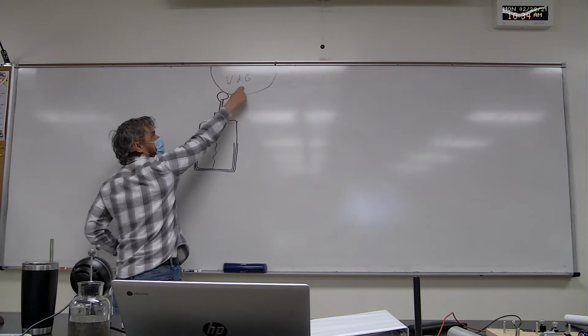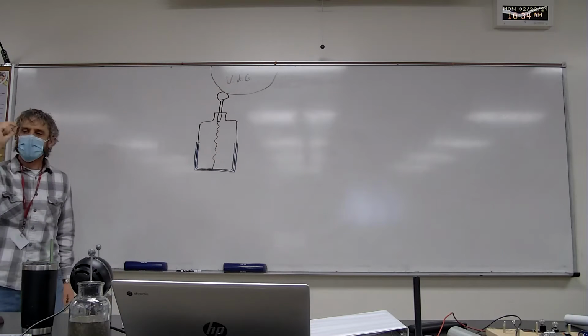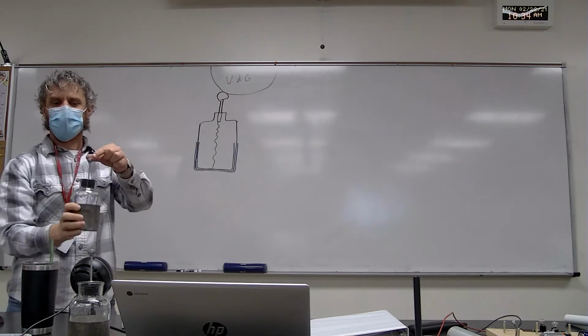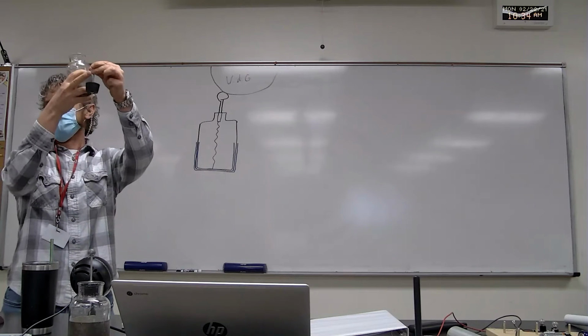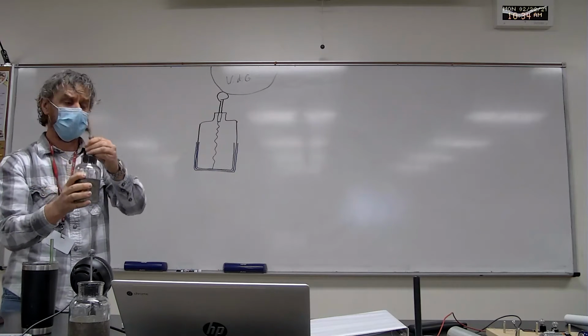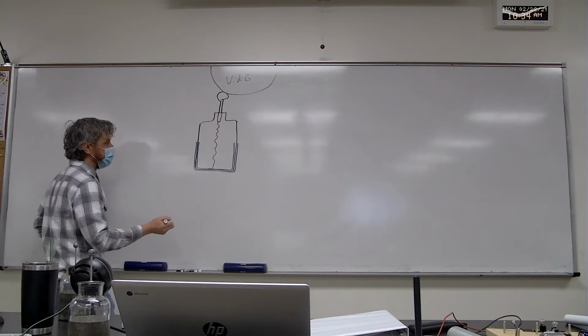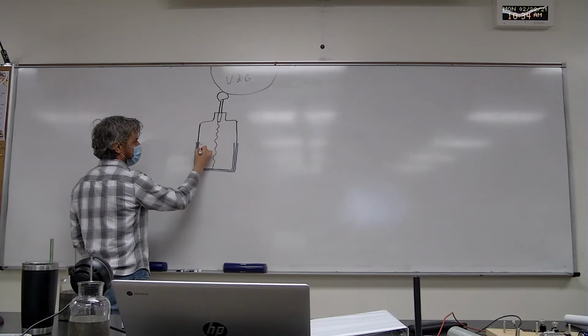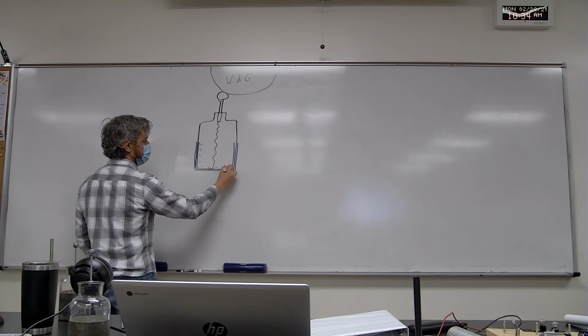And so as this guy builds up positive charge, he's going to pull electrons off of the inner plate, right? It's going to pull electrons off of the inner plate via the path through the chain, through the post, and through the ball up there. So the electrons are going to leave that, leaving a net positive charge on the inner plate, right? You with me?